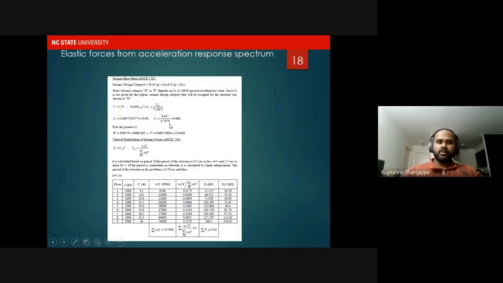For special moment resisting frames, you would have a value of 8, unlike if you use maybe an ordinary moment resisting frame, then it might reduce to 5. And in case you use a masonry structure, then it might even reduce to 2 or 3.